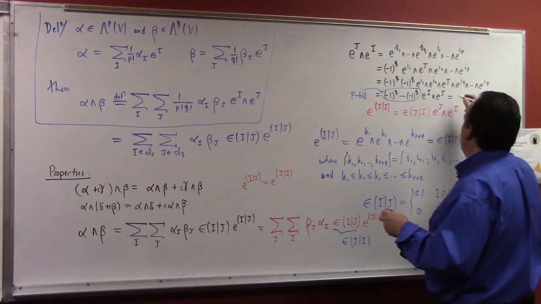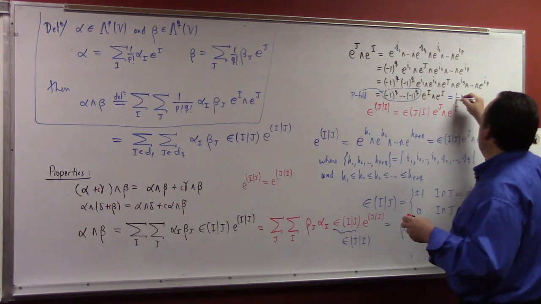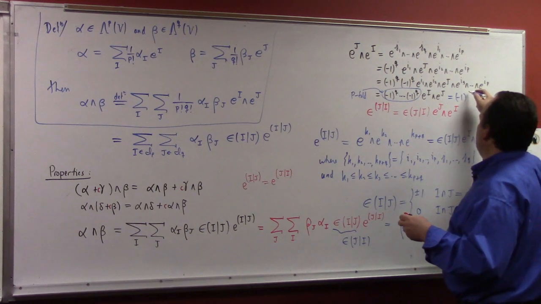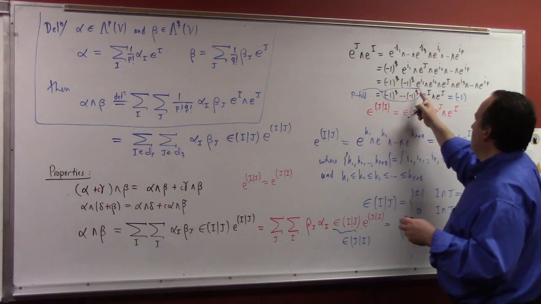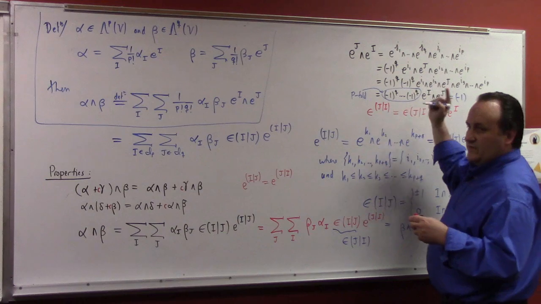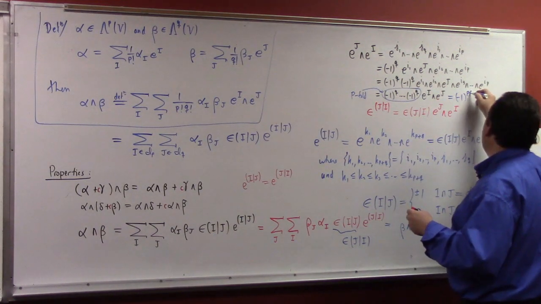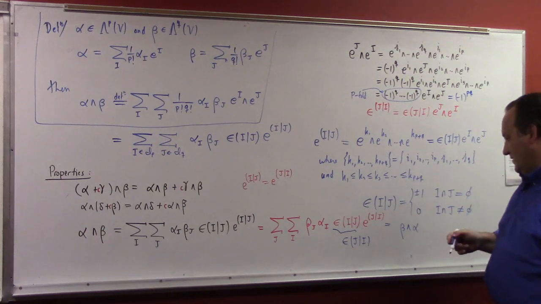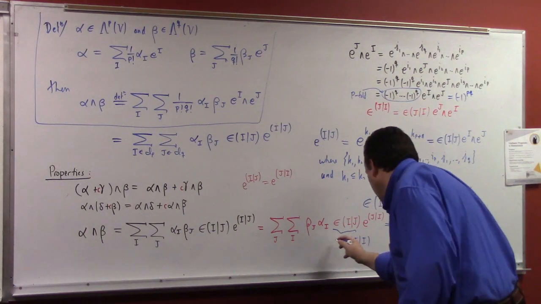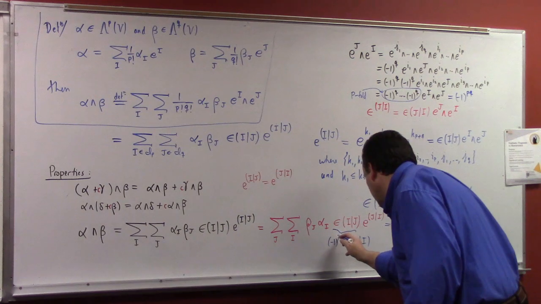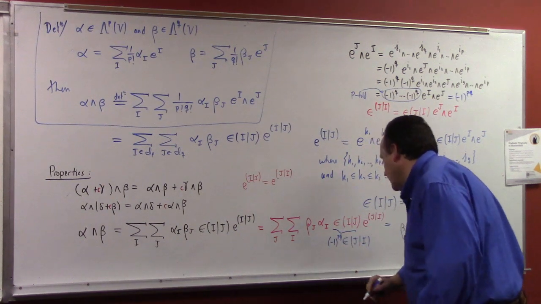And so what do I have? I have minus 1 to the q plus q plus q plus q plus q plus q, p times. Yeah, pq, exactly. So it's beautiful. This is actually minus 1 to the pq times the other one.